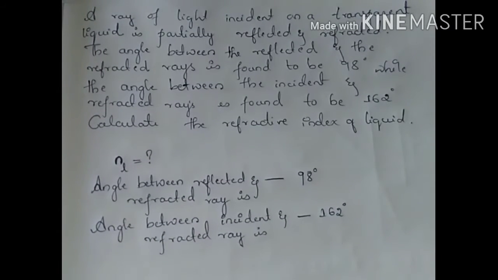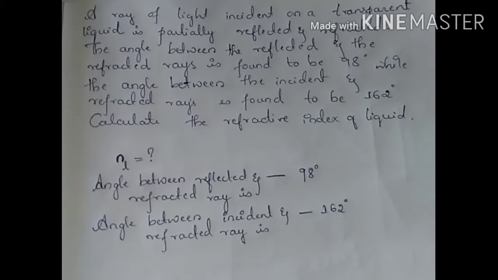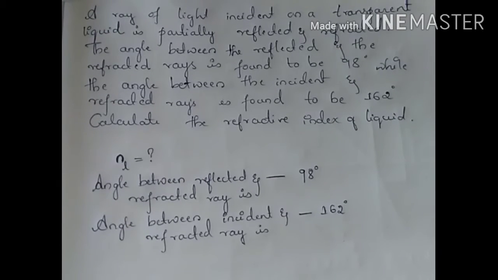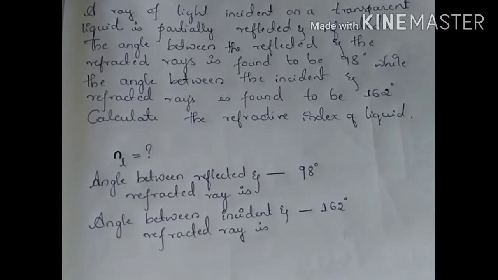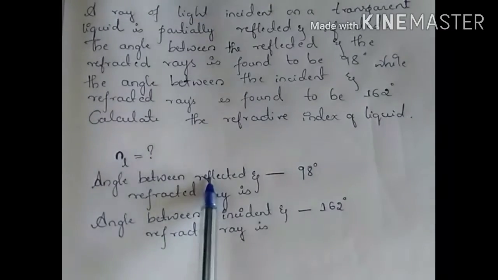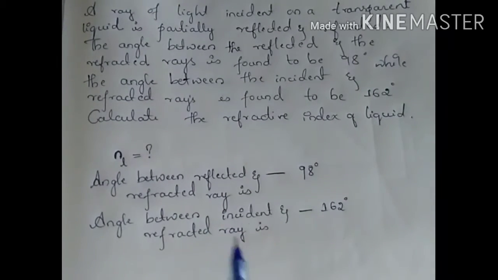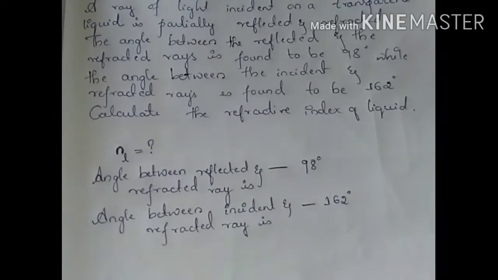So now he is asking us to find the refractive index of the liquid. From Snell's law, you know N is equal to sin I by sin R. So to find N, you need the angle of incidence and the angle of refraction. But here he has given a combination of angles. Here it is the angle between the reflected and refracted ray, and here it is the angle between the incident and refracted ray.